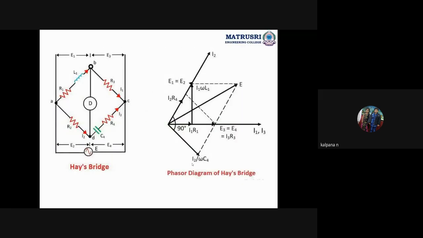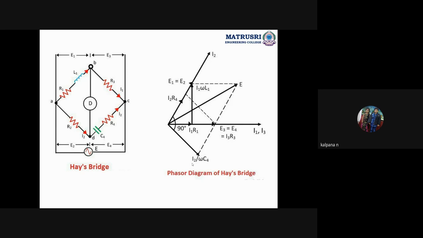Whereas here in the Hayes bridge we are using a standard capacitance, meaning we find the unknown inductance by comparing with the standard capacitance. By using a standard value of capacitance, the cost of the entire bridge will be decreased compared to the Maxwell inductance capacitance bridge. The remaining 3 resistors are also standard and fixed resistances.